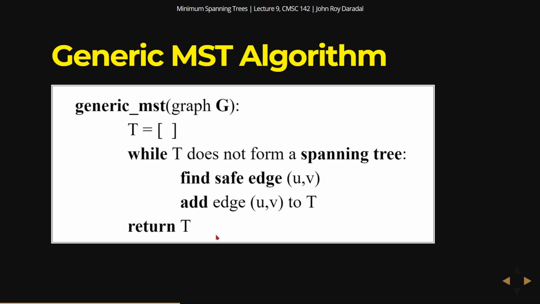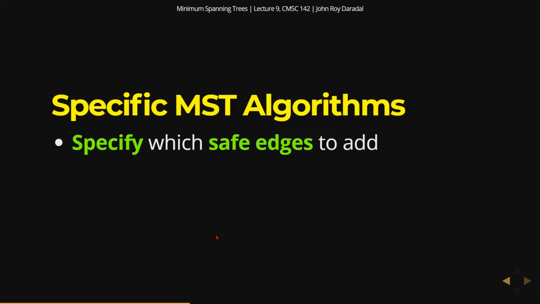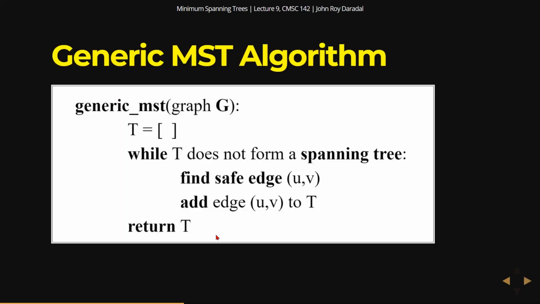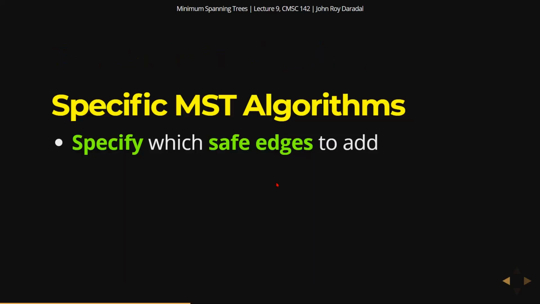So it's pretty straightforward and not at all specific, because again, this is generic, right? So the specific MST algorithms would later on specify which safe edges to add, because in here we're only saying that you should find a safe edge. But if there are multiple safe edges, which safe edge should you add?